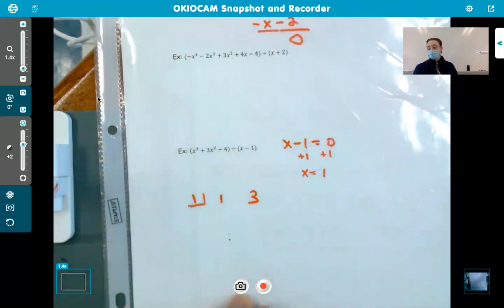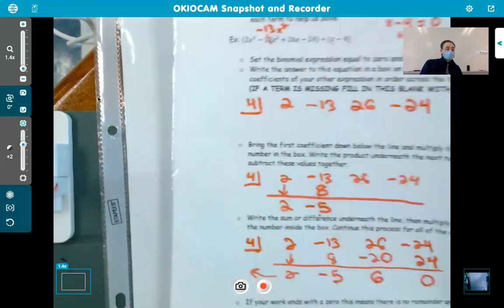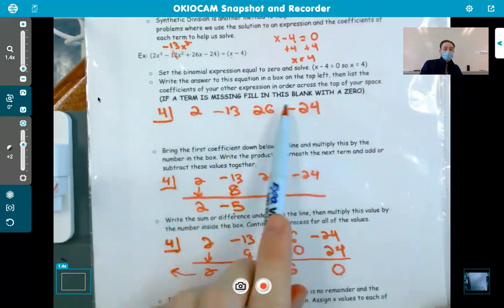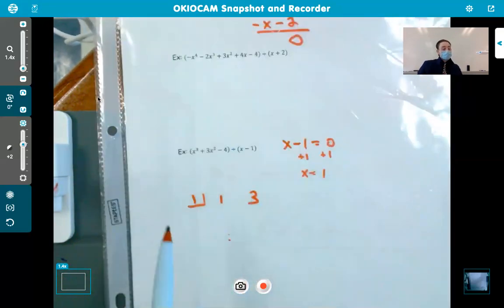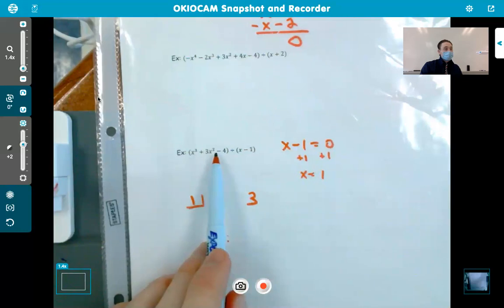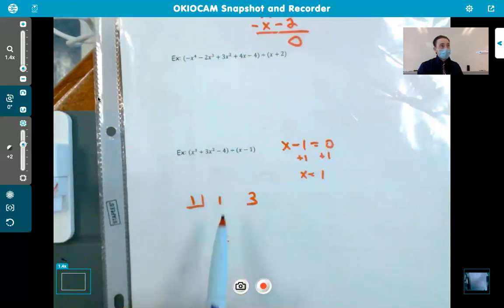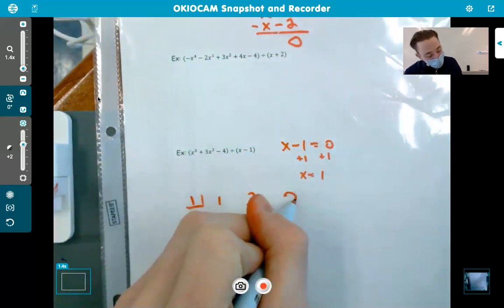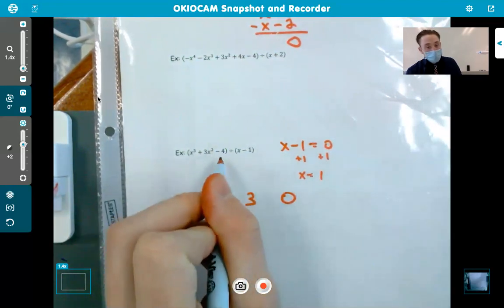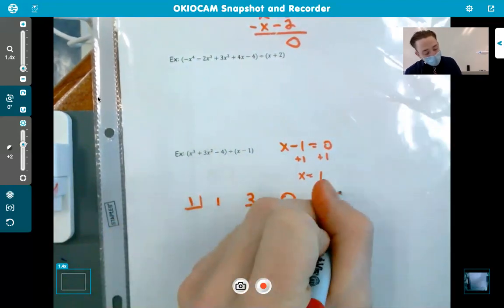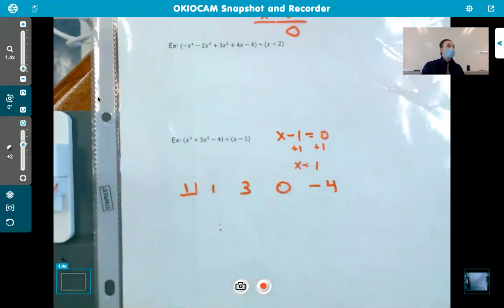But remember that note that I made earlier. If there is no term there, if there's a missing term, we fill in that blank with a 0. I have an x cubed term, an x squared term. I don't have an x term, right? So I have to write a 0 in wherever I don't see an x, and then I can write the -4. All right. It's really important that we make sure to do that.